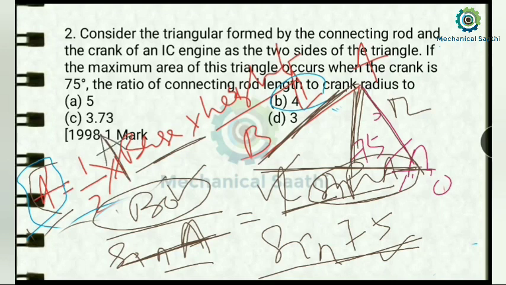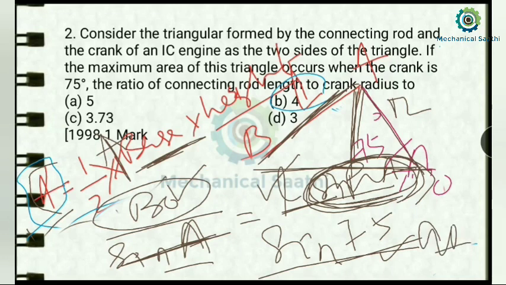The base will be maximum when sine A equals 1, since the maximum value of sine is 1, and sine A equals 1 when A equals 90 degrees. So angle A will be 90 degrees over here.